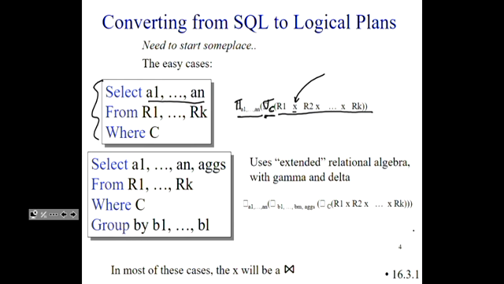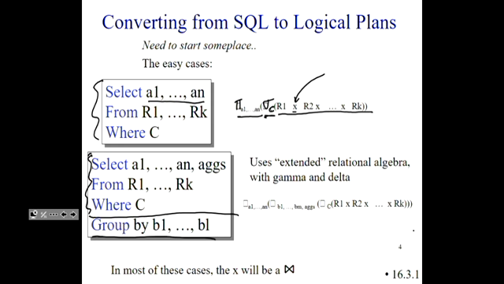Let's consider a slight generalization. So I have a select-from-where, followed by a group by. In this case, I need to use the extended relational algebra, which I didn't introduce, but I've been mentioning over the course of the last few lectures.